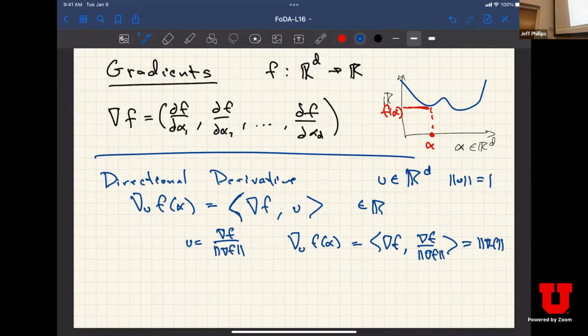Normally, nabla f dot nabla f gives the norm squared, but I'm dividing by the norm because u is a unit vector, so I just get the norm of nabla f, and that's as large as it can be.